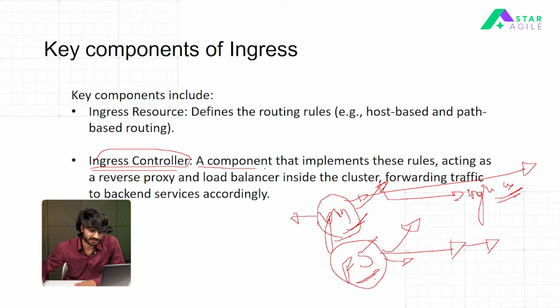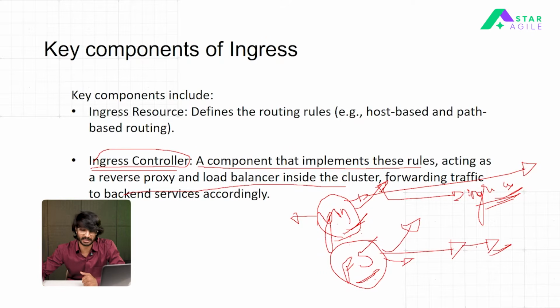A component that implements the rules, acting as a reverse proxy and load balancer inside a cluster. So they created these entire features in the form of controllers and released them onto GitHub.